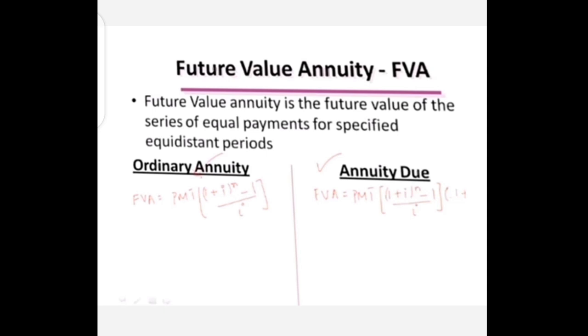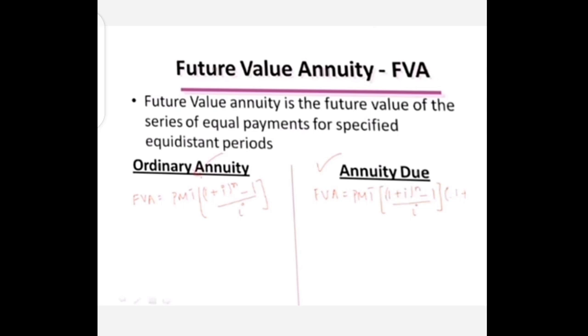So how can we calculate an ordinary annuity and how can we calculate an annuity due? I have used formulas here: FVA represents the future value of the annuity, PMT represents the payments, I represents the interest rate, and N represents the number of years.